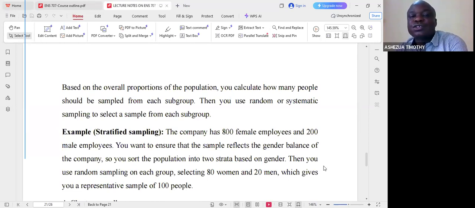So you sort the population into two strata based on gender. Then you use random sampling on each group, selecting 80 women and 20 men, which gives you a representative sample of 100 people.